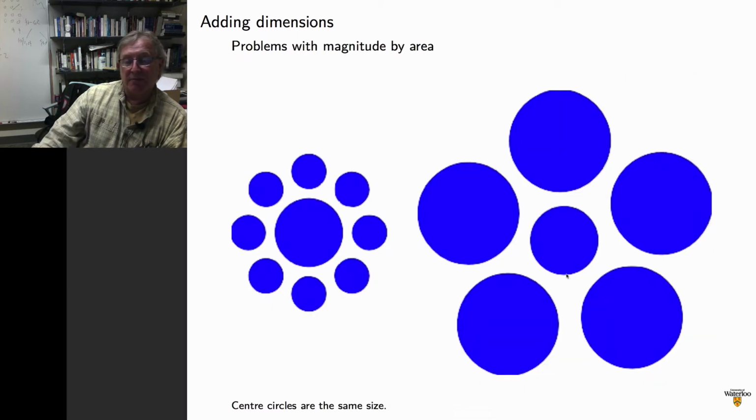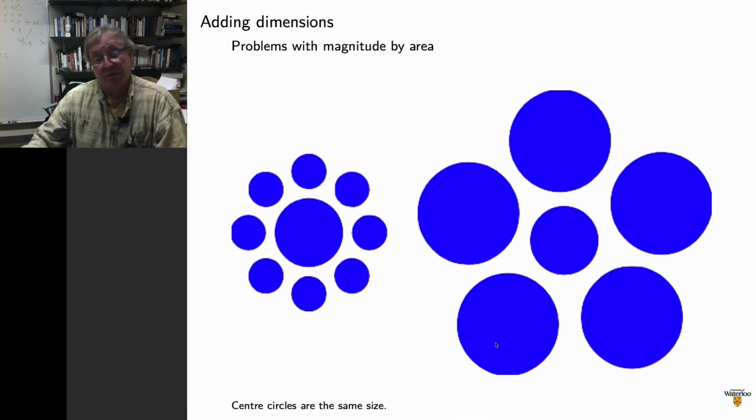So this is an example that these two middle circles are in fact the identical size, and clearly the one on the right looks a little smaller than the one on the left. That's entirely our visual system doing that, increasing that contrast in size so that we can detect that this one is much bigger than those around it. This is much smaller than those around it. It's almost like our system exaggerates that effect.